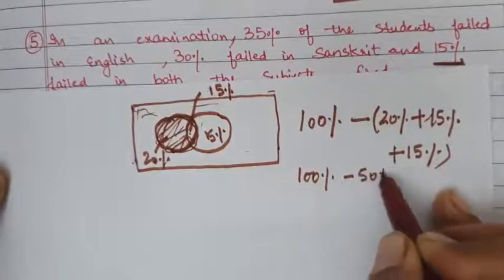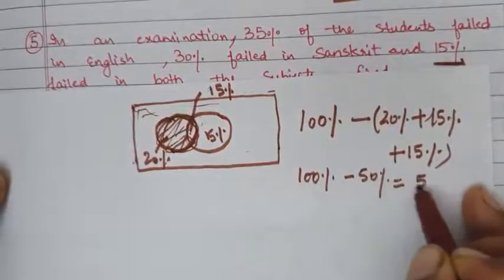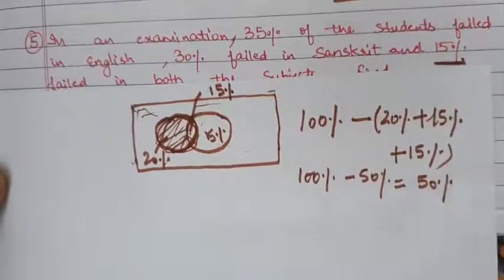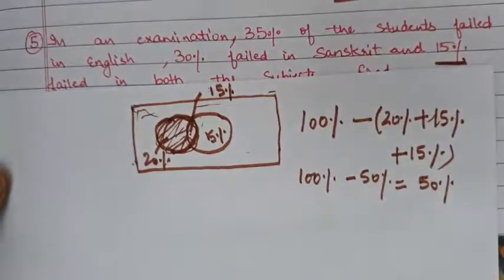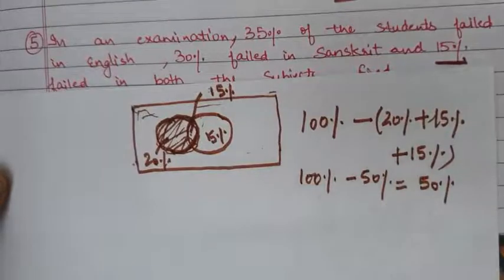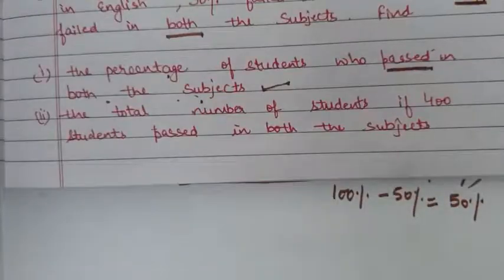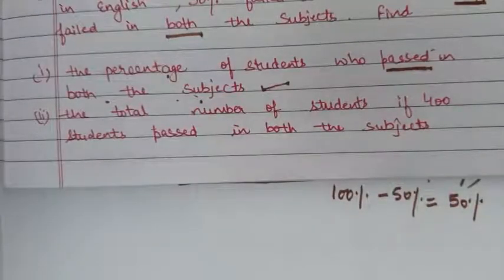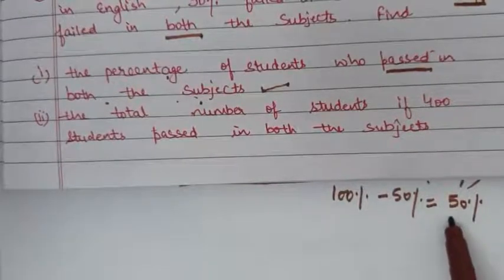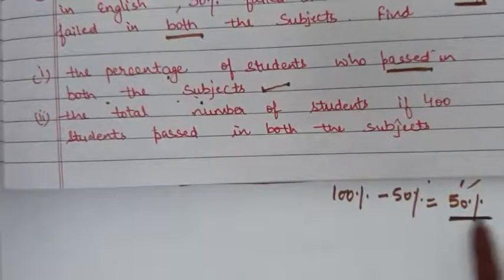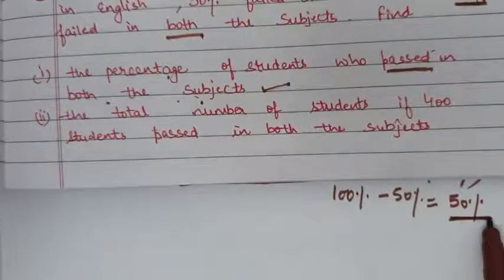So we get 50% of the students who passed in both the subjects. Clear? Now students, we have found out that 50% of the students passed in both the subjects.